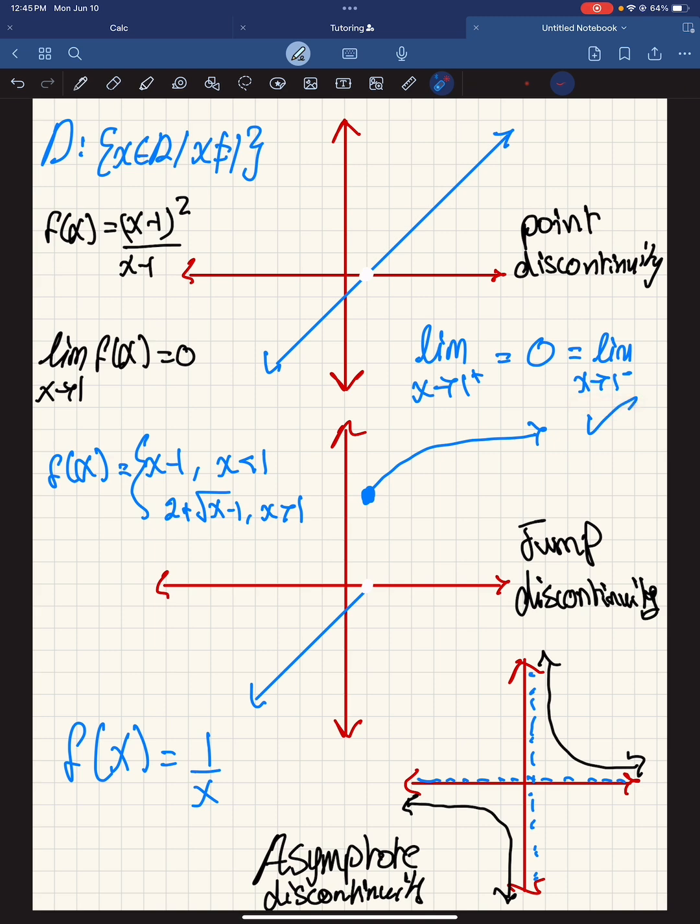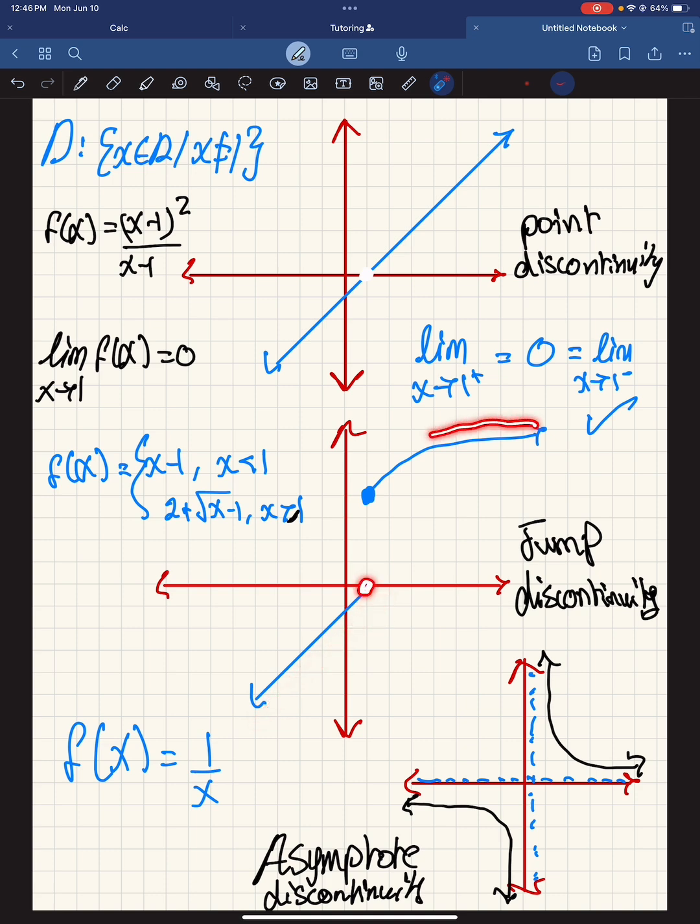And then you have another example, which is a piecewise function where it's equal to x minus 1 when x is less than 1, and then it's equal to 2 plus the square root of x minus 1 when x is greater than or equal to 1. So now if you look at this graph, if you approach it from the left side, it approaches 0.